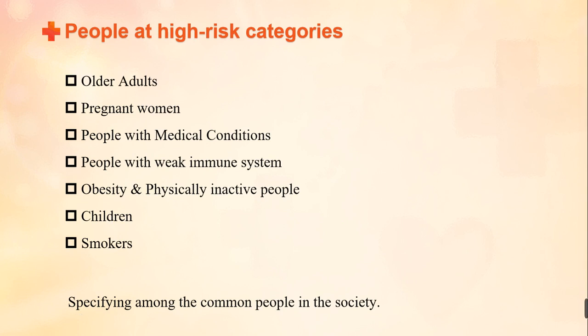Studies done by some researchers have found that, for example in 2019, there were some people who were physically inactive. Those kinds of people have a higher chance of getting COVID than those who are highly active.